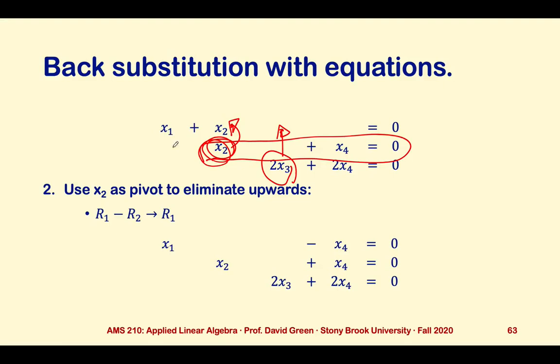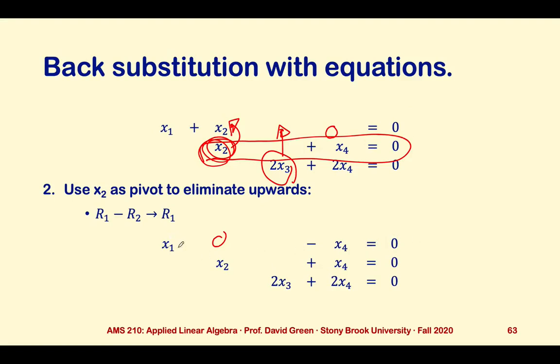x1 minus 0 is, of course, x1. x2 minus x2 is 0. 0 minus 0 is, of course, 0. 0, remember there's that implicit 0 here, minus x4 gives us negative x4, and 0 minus 0 gives us 0.